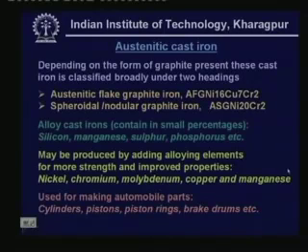These types of austenitic cast irons are mostly used for making automobile parts. Cylinders, pistons, piston rings, brake drums, etc., are all made of austenitic cast iron. You can see these are very important properties, but we still make them in cast iron, because it will meet the desired criteria while designing cylinders, piston rings, brake drums, etc., and at the same time the components will be relatively cheaper.